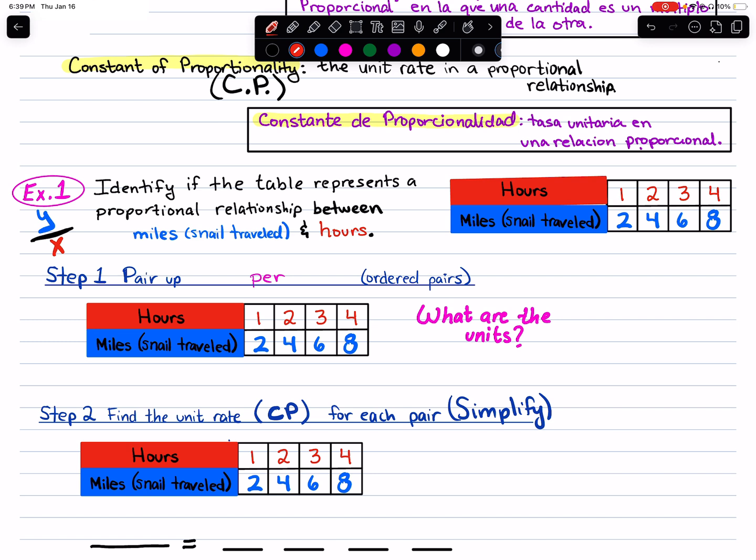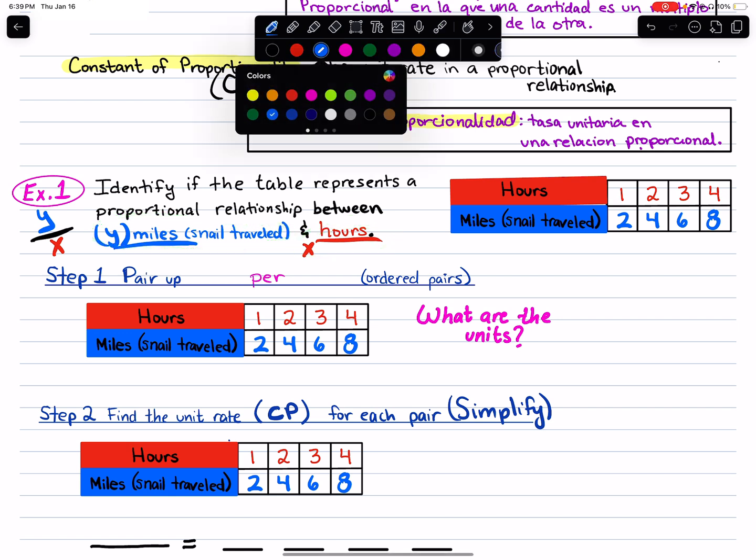Now, you're probably wondering, mister, it says miles and hours, how do I know? The first one they always give you is always the y. Miles. The second one they give you is always the x. And this is going to be very helpful, especially with graphing. It's not always going to be the same as the graph, but if you see the graph, you'll be able to know which one's y and x. But if you don't have the graph, you can always assume that the first one is the y, and the second one is the x, always.